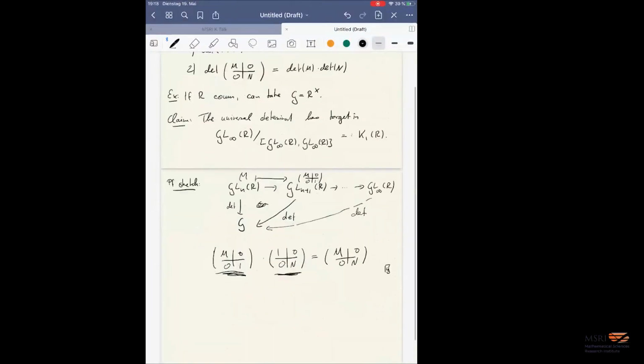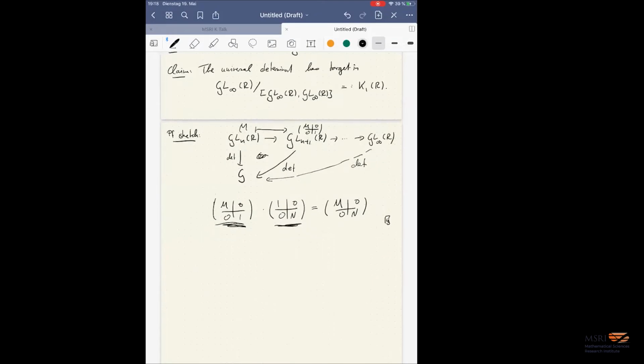But as homotopy theorists, we not only want to have a group, we want to have a whole space. One observation, a kind of classical theorem, is that the commutator in GL infinity R is the maximal perfect subgroup, meaning the maximal subgroup whose abelianization is trivial.